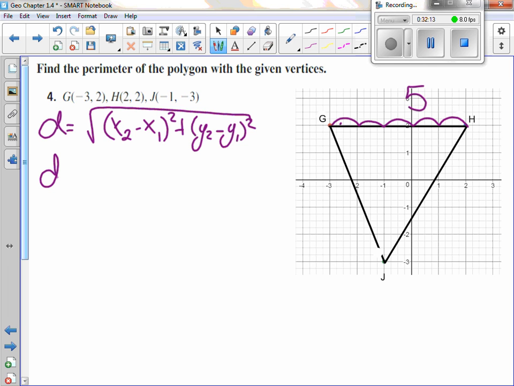So which one do we want to find first? G to J or H to J? We're going to have to find both. We just need to find one first. G to J. So what are our x values for this here? We have -3 minus.